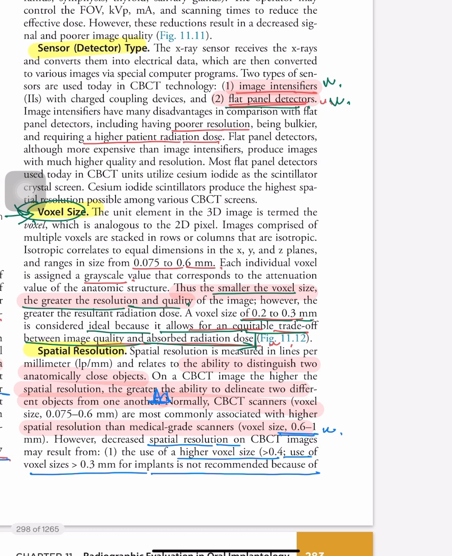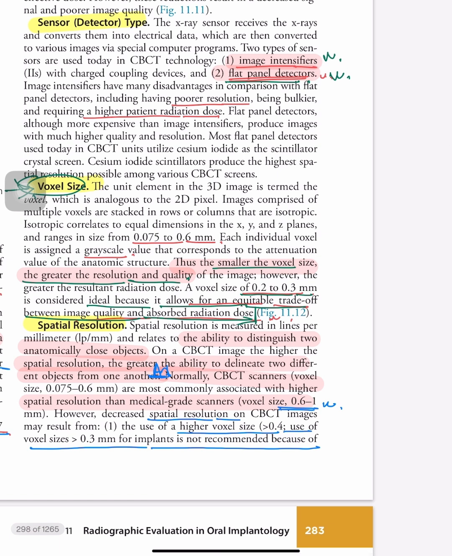Now we move to spatial resolution. Normally CBCT scanners have voxel sizes of 0.075 to 0.6, which are associated with higher spatial resolution than the medical grade scanner. So this is another advantage of CBCT over medical CT.